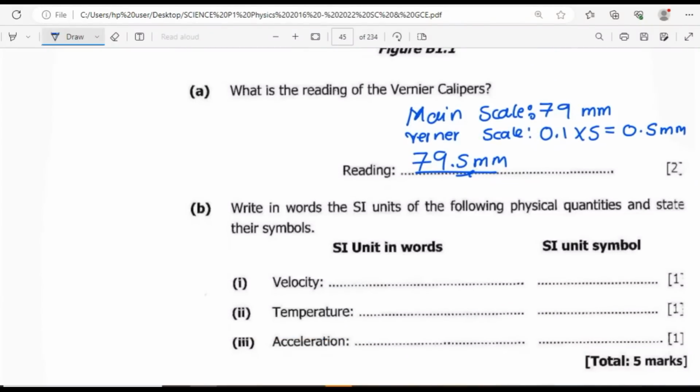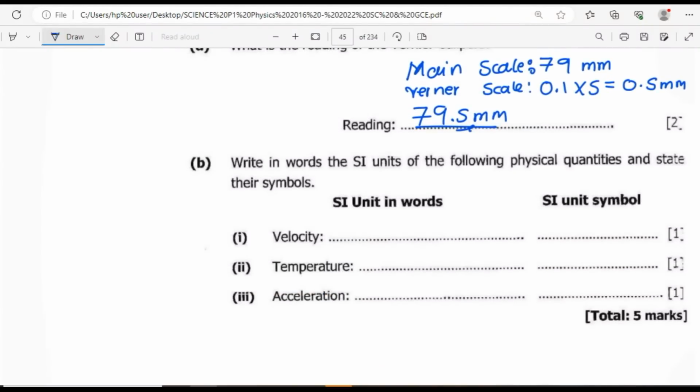Then for question B, write in words the SI units of the following physical quantities and state their symbols. Velocity, so we know that this is meter per second. Then the symbol is this one. Then temperature is Kelvin.